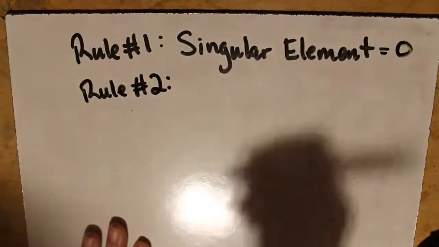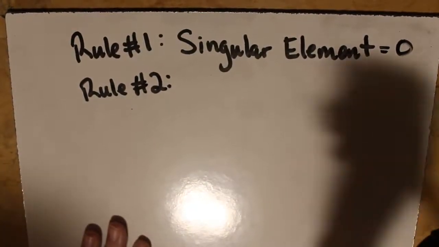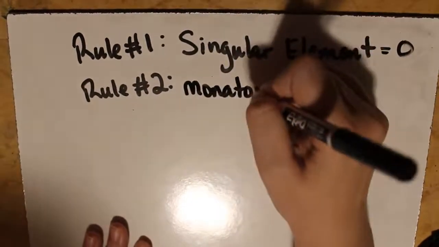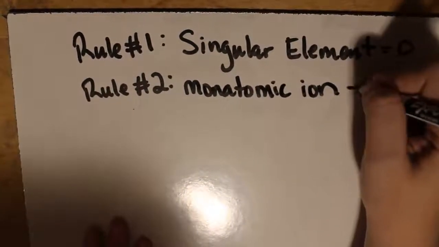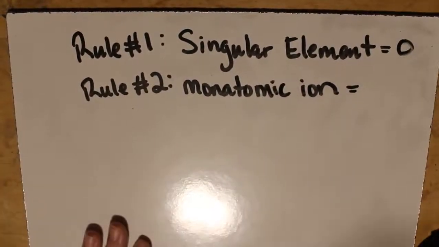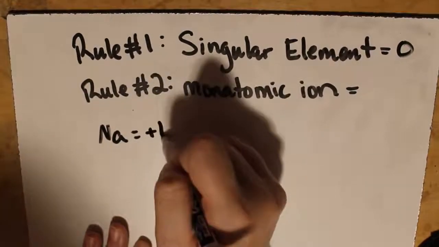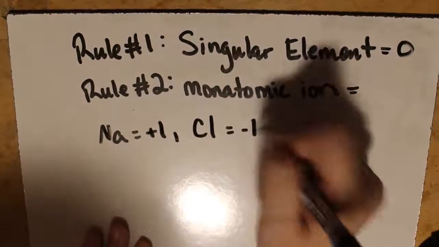Rule number 2 is going to state that for a monatomic ion, so one atom ion, it's equal to its charge. So for the monatomic ion, if it is sodium, it's going to equal +1. If it is chlorine, it's going to equal -1.